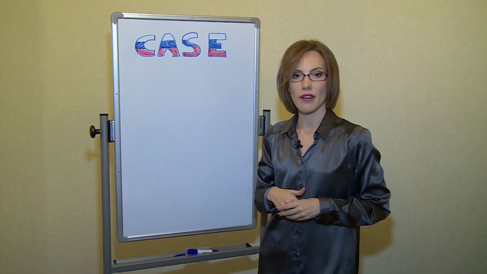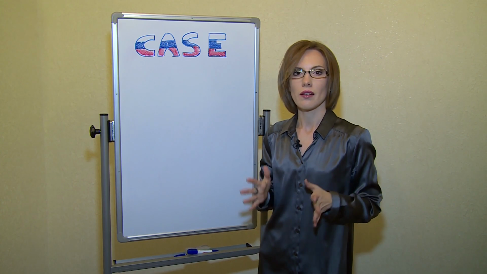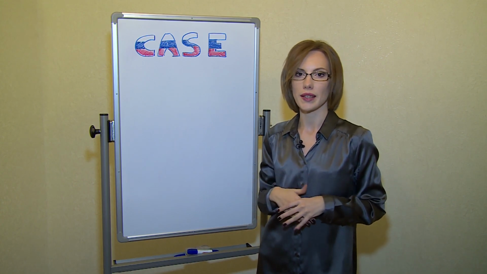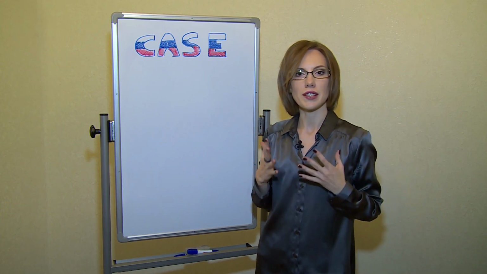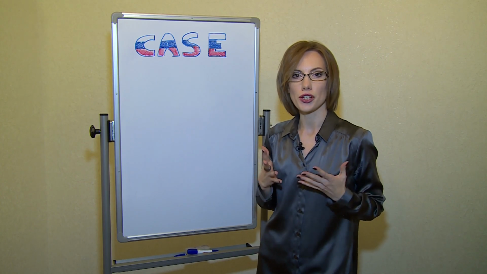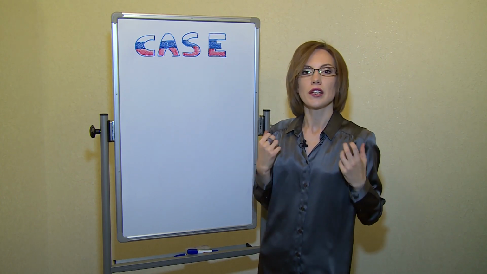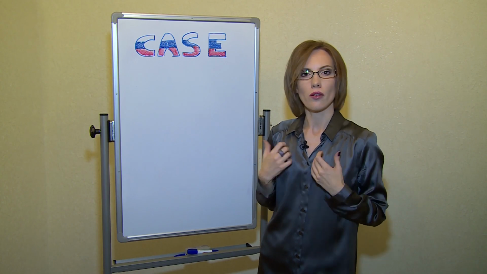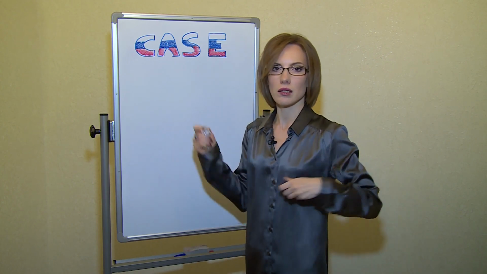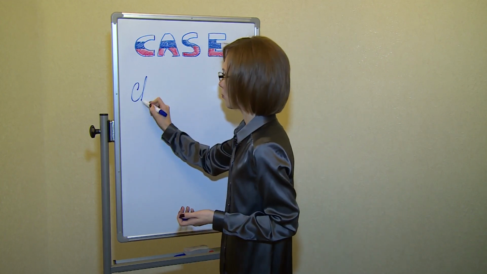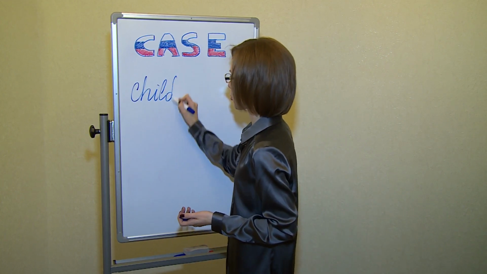You know that in English, the word order plays an important role. It shows relationships between different parts of the sentence. For example, child eats porridge. Ребенок ест кашу.